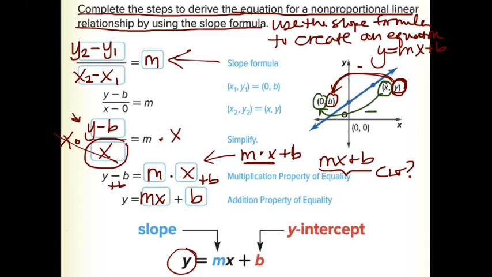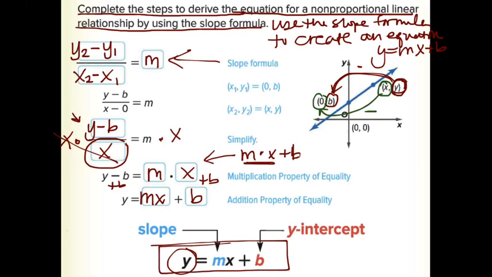Okay, so now we're reaching back into the memory to remember some of these solving equation rules. And that shows proof of why this equation works, and why this is the slope as well, the m, because that's how we started with that equation. All right.